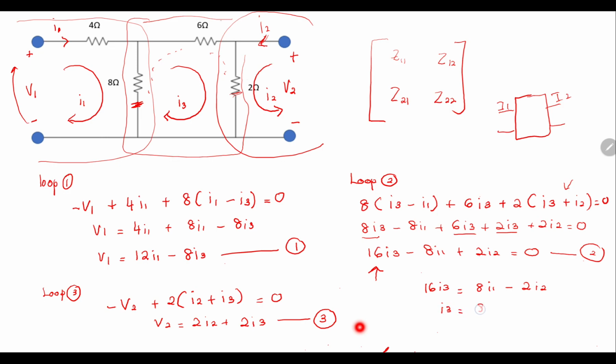I3 is equal to 8 over 16 I1 minus 2 over 16 I2. I3 is equal to 1 over 2 I1 minus 1 over 8 I2. We call it equation 4.